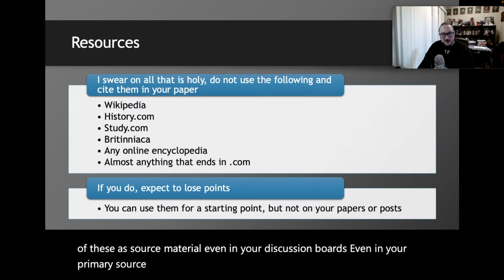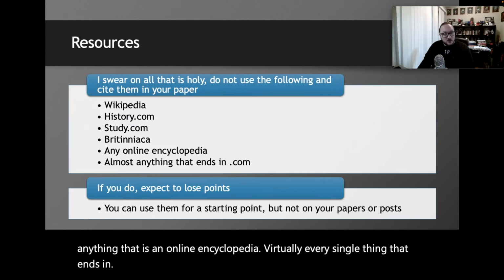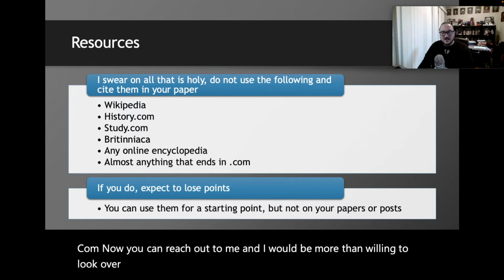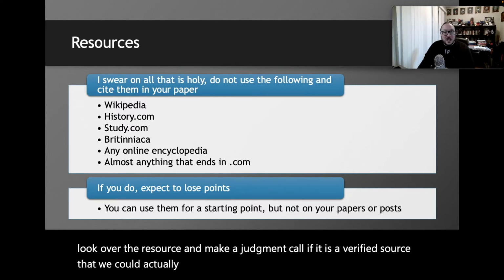Wikipedia, history.com, study.com, Britannica, anything that is an online encyclopedia, virtually every single thing that ends in .com. Now, you can reach out to me, and I would be more than willing to look over the source and make a judgment call as to if it is a verified source that we could actually use. But pretty much any of those, I do not want to see them cited in your papers.